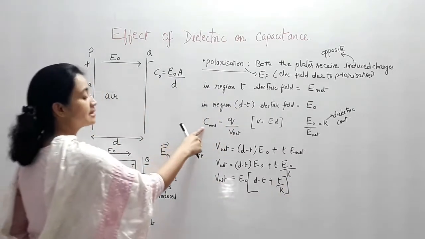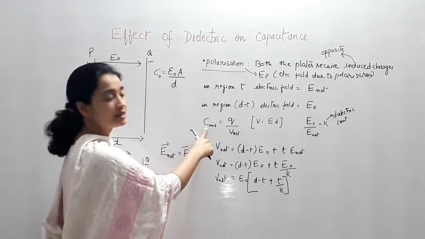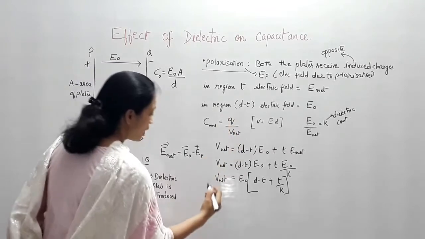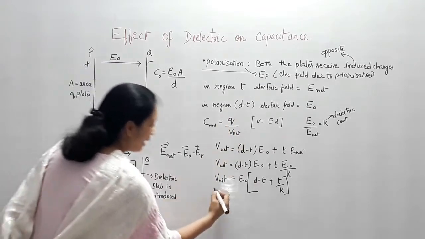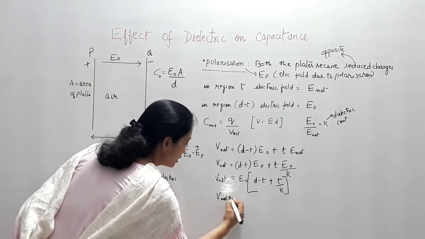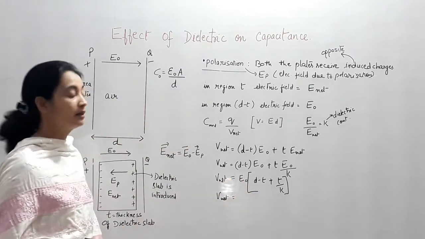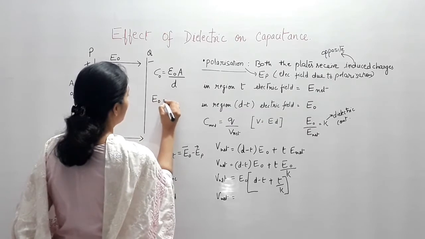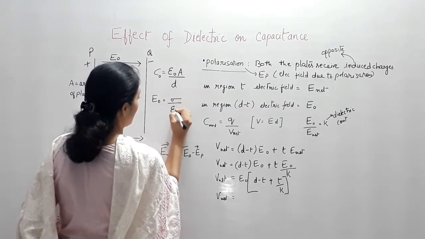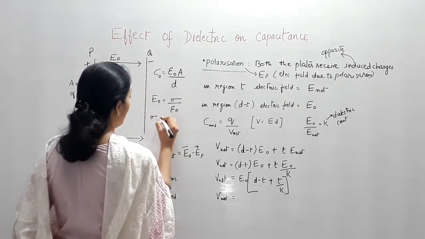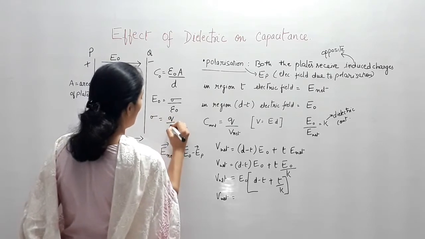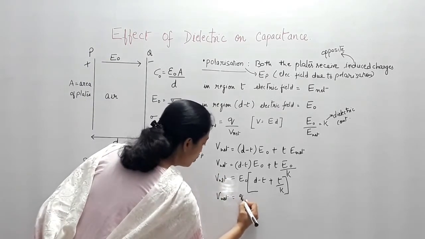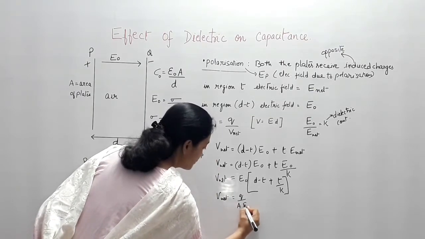What I want is C, that is capacitance in the medium, which is the ratio of charge to V net. So I'm substituting it there, and V net, a little more simplification. This is applied electric field. Applied electric field can be written as sigma upon epsilon naught, and sigma can be written as Q upon A. So E naught can be written as Q upon A epsilon naught.